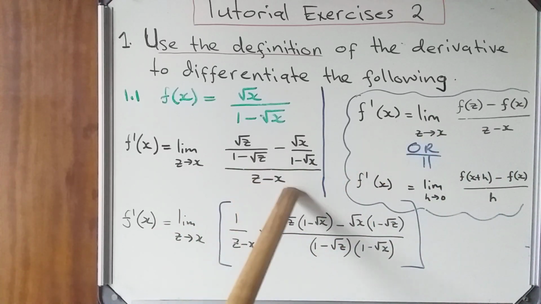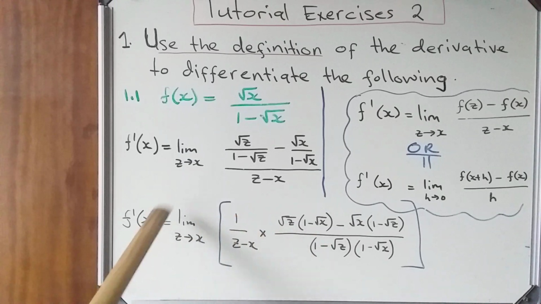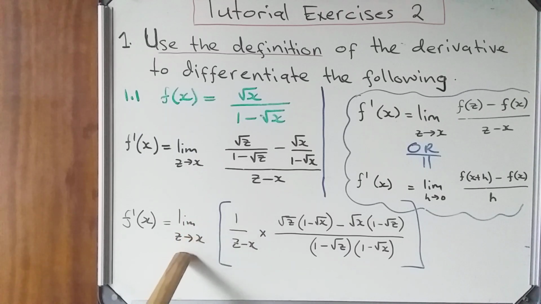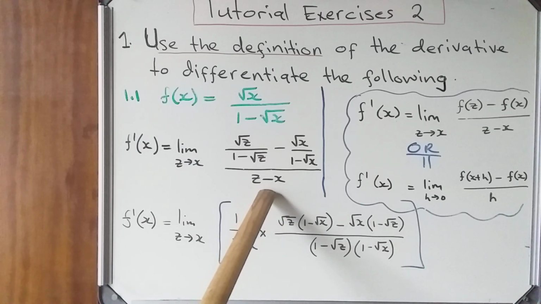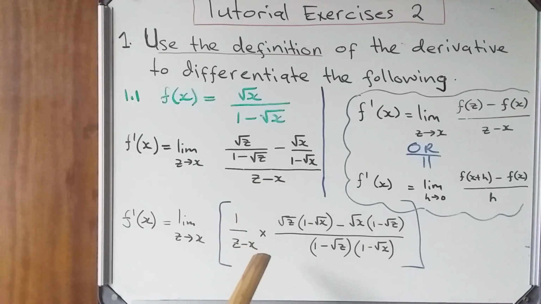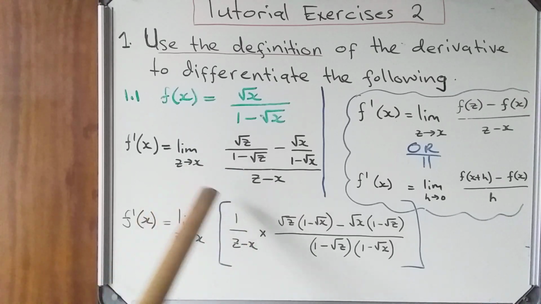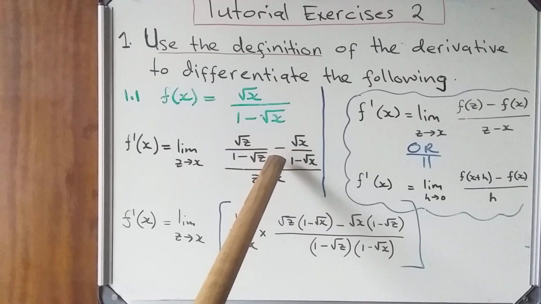Now we say f prime of x is equal to the limit as z approaches x of everything. Dividing by z minus x is the same as multiplying by 1 over z minus x. So I just push the denominator aside so that I can deal with the fraction first.